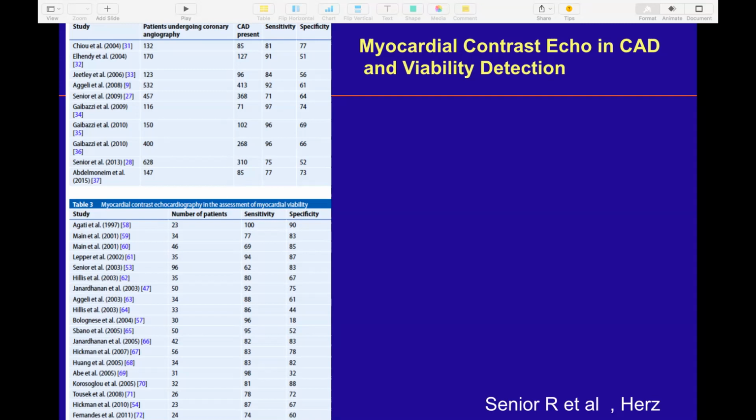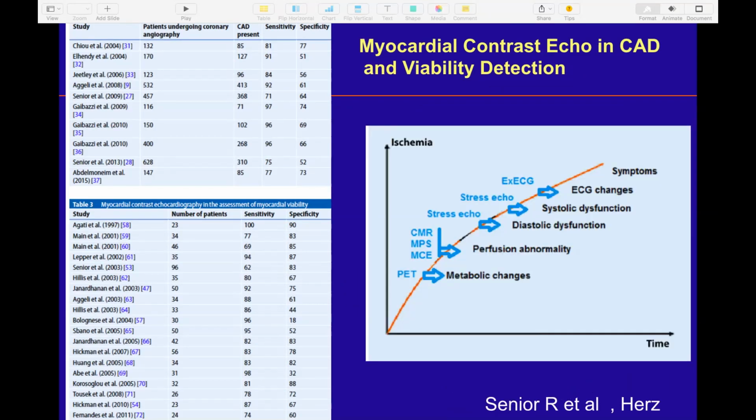That doesn't mean the technology is wrong. It means that you are picking up microvascular integrity problems earlier than what you would expect with obstructive disease. And in general, that's the reason why, if you look at the ischemic cascade, perfusion-based changes like CMR, myocardial perfusion imaging or contrast echo are able to pick up abnormalities much before wall motion-based techniques.